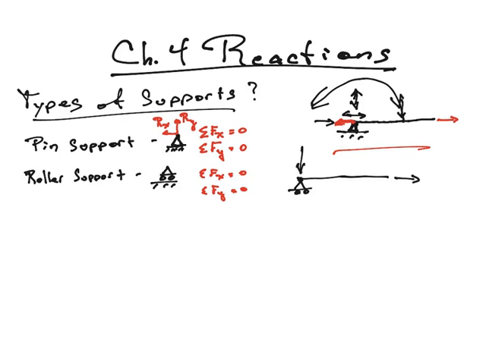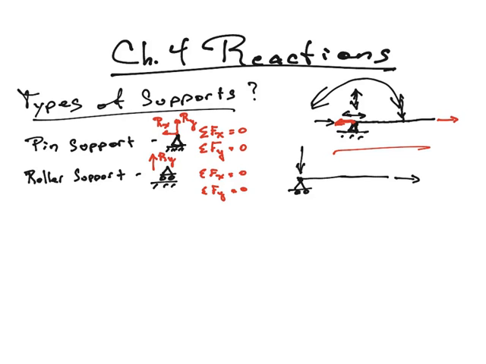However, if I'm allowed to slide or roll left and right, there must not be a reaction in the X direction. So if I pull to the right on this bar, the thing just moves to the right. No big deal. There's nothing preventing me. So there's no horizontal reaction, but there is a vertical reaction.